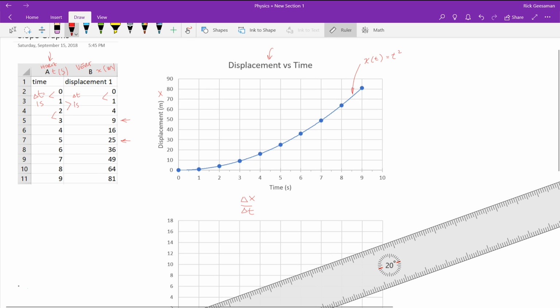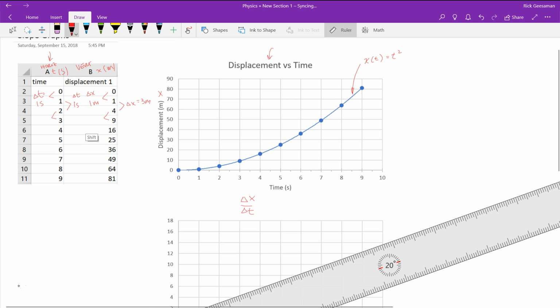So between time 0 and time 1, our delta x is equal to 1 meter. Between the next two, and let's get rid of some of these arrows in here, time 1 and time 2, our delta x is 3 meters.